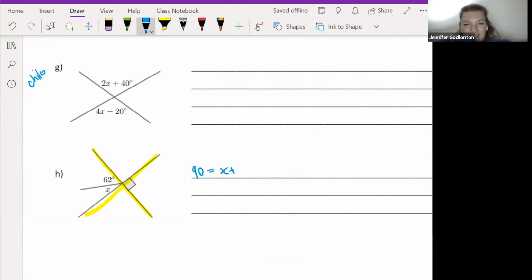Good, well done. Then it's 90 minus 62 equals x. You forgot to give me my reason. Oh, vertically opposite angle. Okay, good. So 90 minus 62 is equal to x. So what is x equaling? 28 degrees. Perfect. Well done.